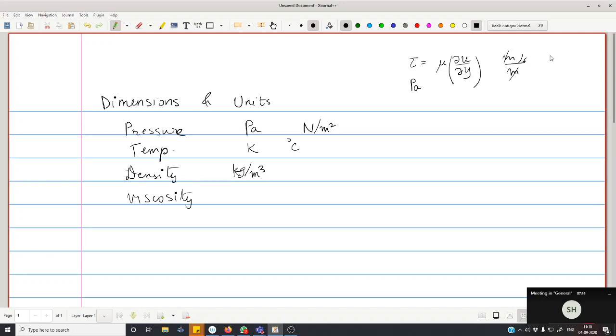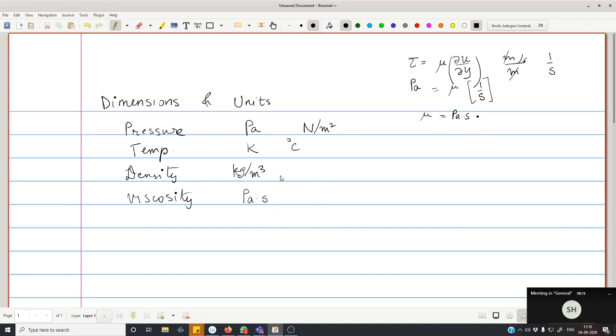So meter gets cancelled, and it is effectively 1 upon second. So Pascal equals viscosity units multiplied by 1 upon second. So the unit of viscosity is going to be Pascal second.